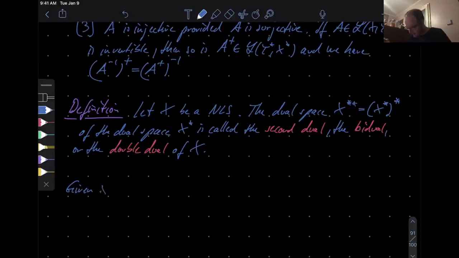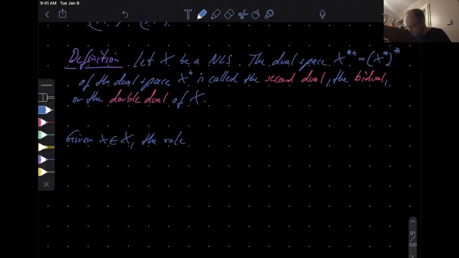All right, so given x in X, I have to define a linear functional that acts on linear functionals on X, and this will be the standard notation J sub X, which acts on a linear functional and should spit out a scalar, an element of the underlying field.